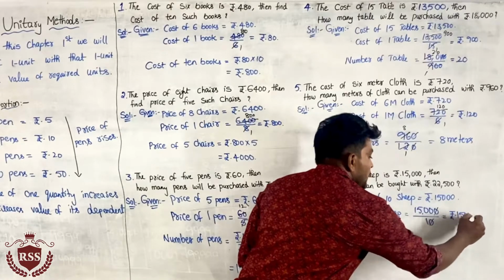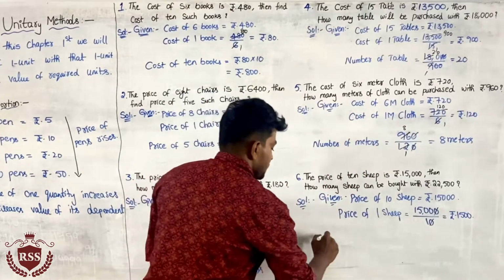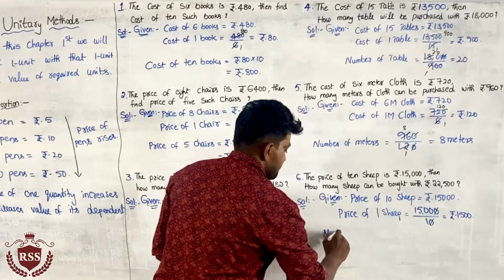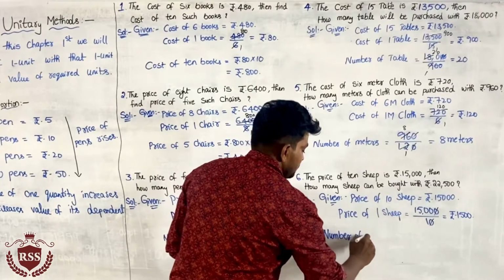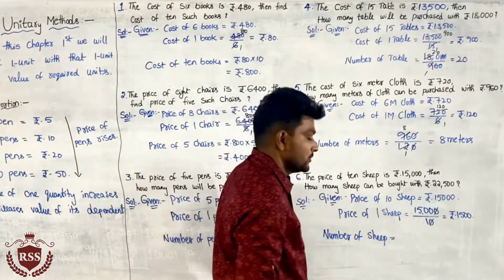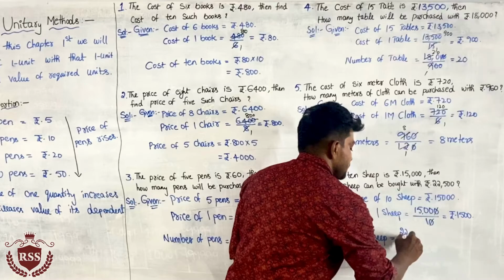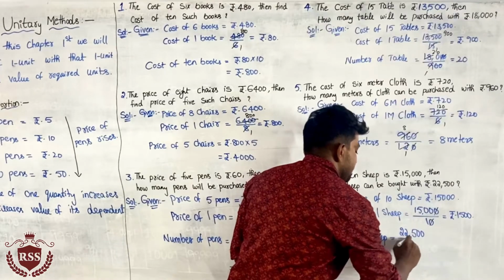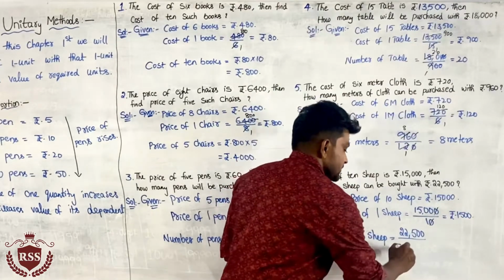So now I require the number of sheep. Number of sheep for rupees 22,500 means 22,500 divided by each sheep price, which is 1,500.